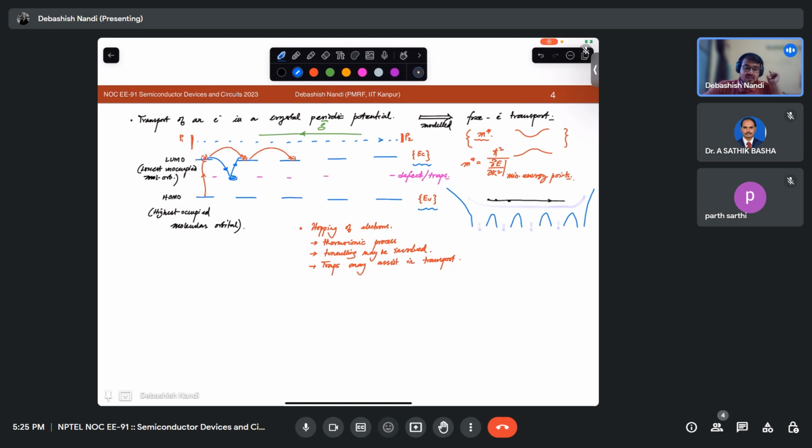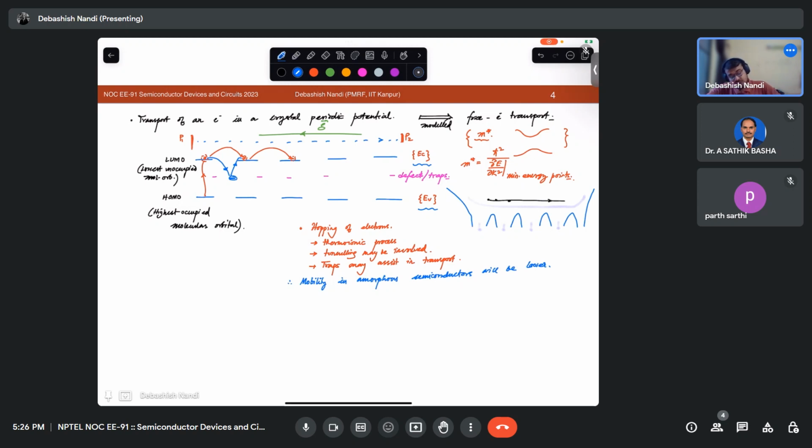So what is the first thing coming to your mind? That the mobility of these kinds of semiconductors will be much lower. Mobility in amorphous semiconductors will be lower, even multiple orders lower.